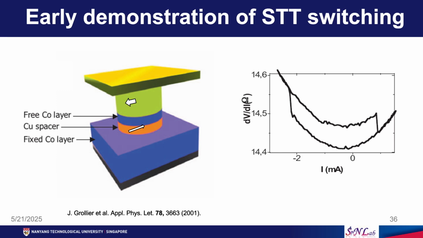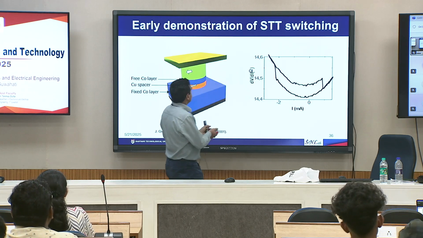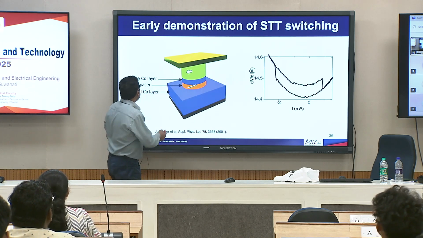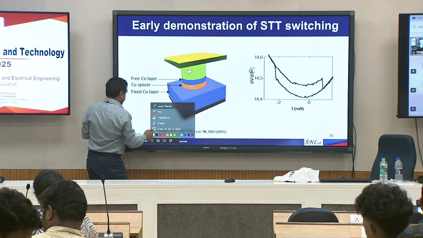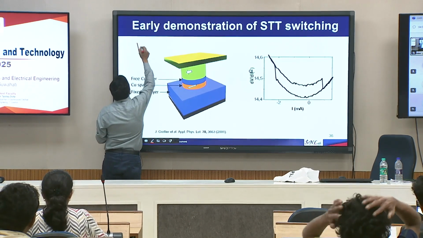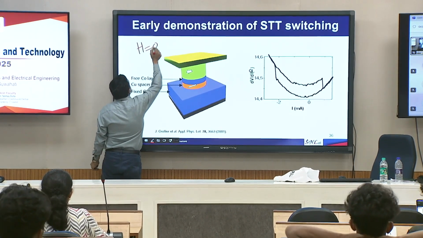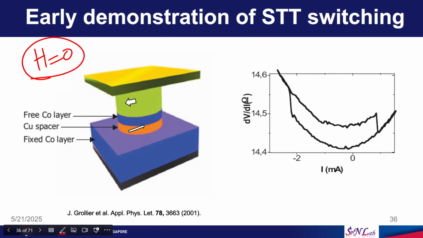In this case they are trying to switch the magnetization of the ferromagnetic layers with no magnetic field. Normally when we do a hysteresis loop we switch magnetization with a magnetic field, but in this case there is no magnetic field at all. So they send current through this device, either downwards or upwards. We can call one of them positive, another negative.